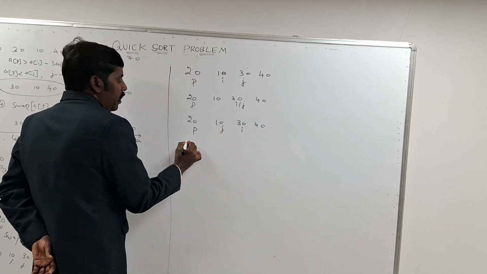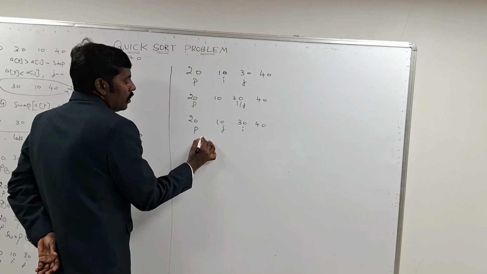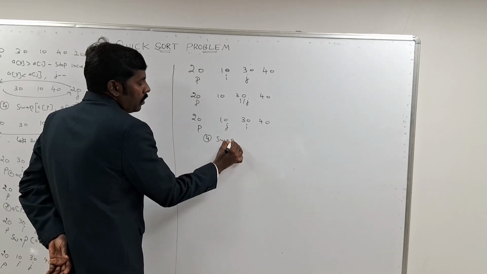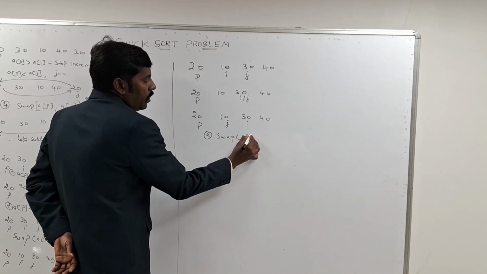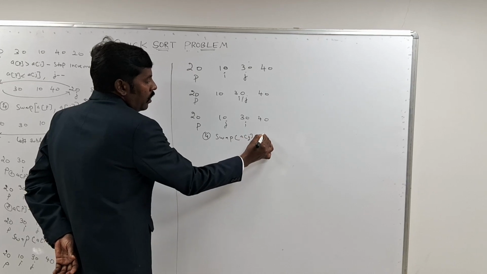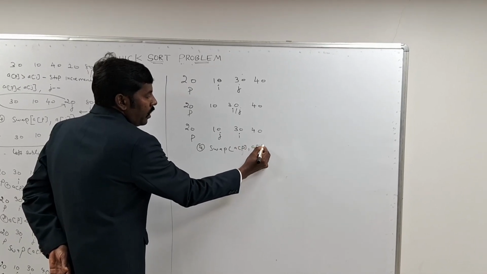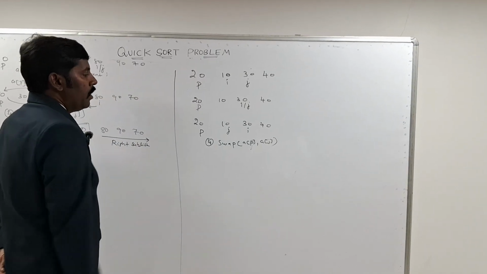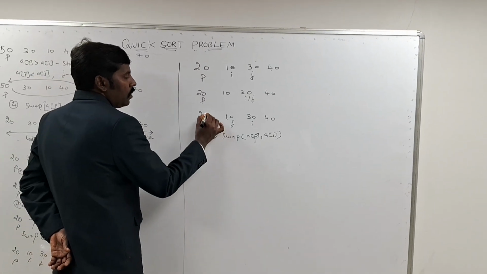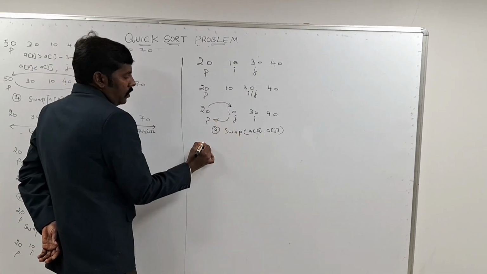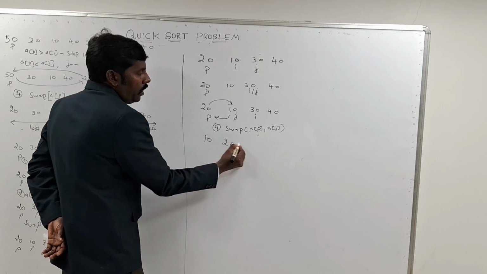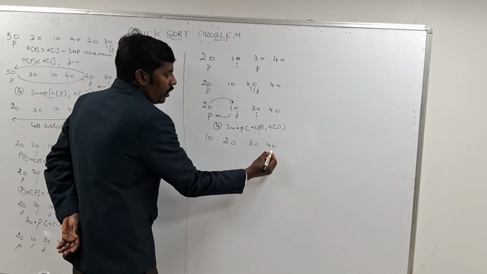So now condition 4 is satisfied. So swap A of J with A of P. So 10, 20, 30, then 40.